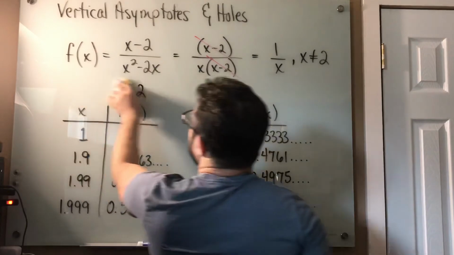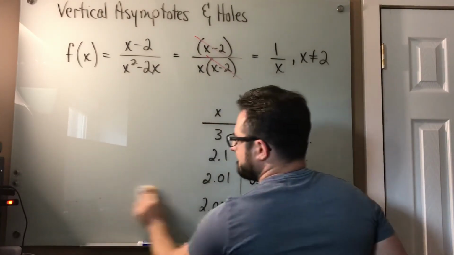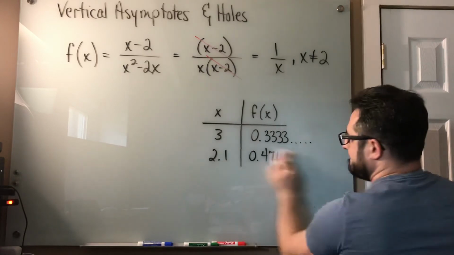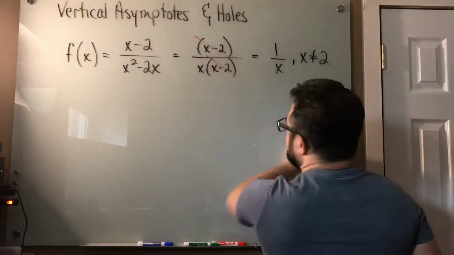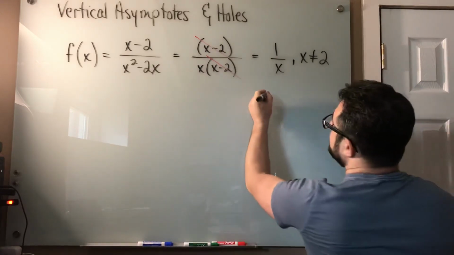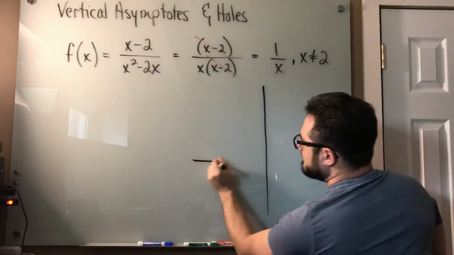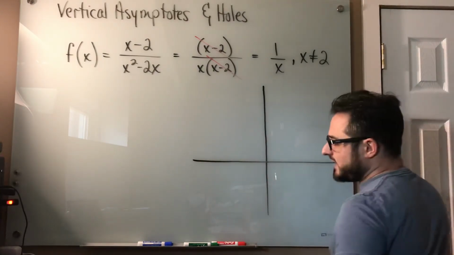So let me draw that. So 1 over x is the basic rational function.